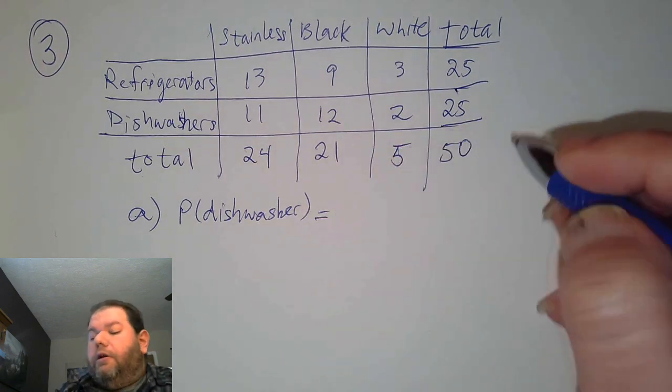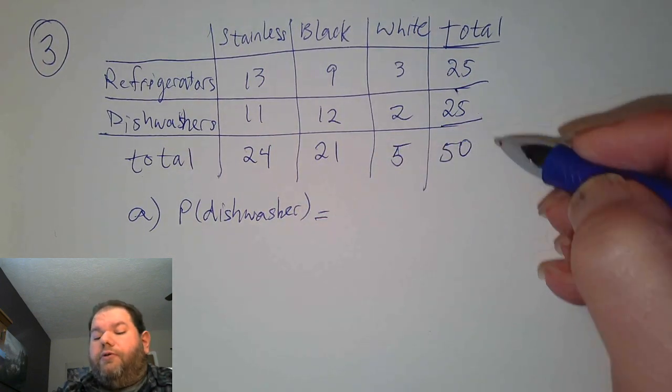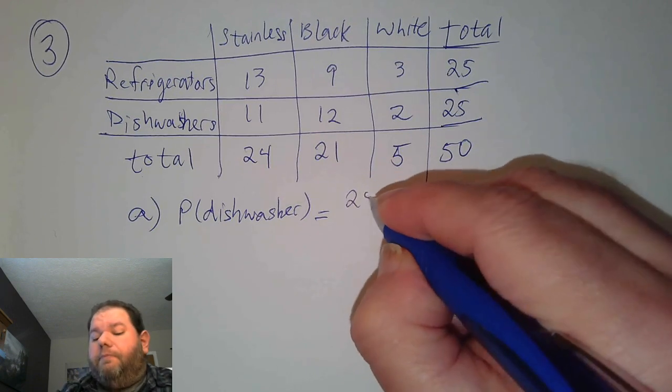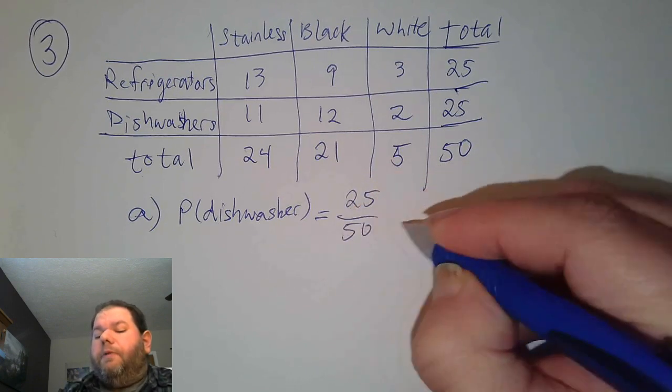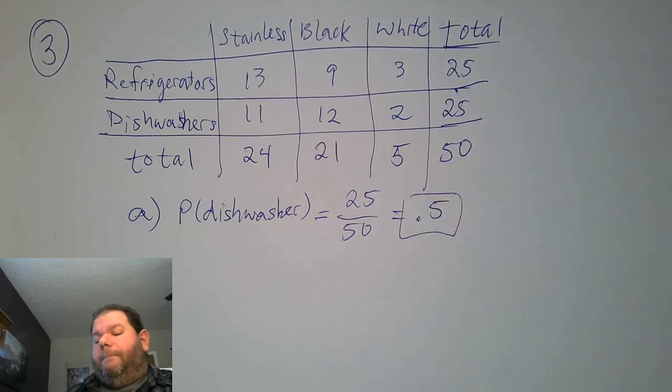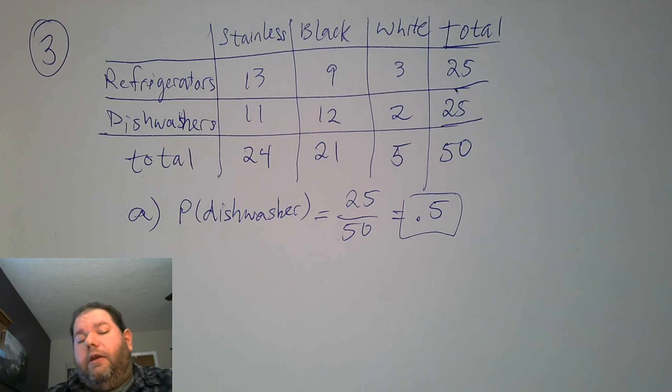And so we know there's 25 dishwashers out of 50 total appliances. 25 out of 50. And we make that 0.5. Even though I've said enter 3 decimal places, if we put 0.5, it'll still count as correct.